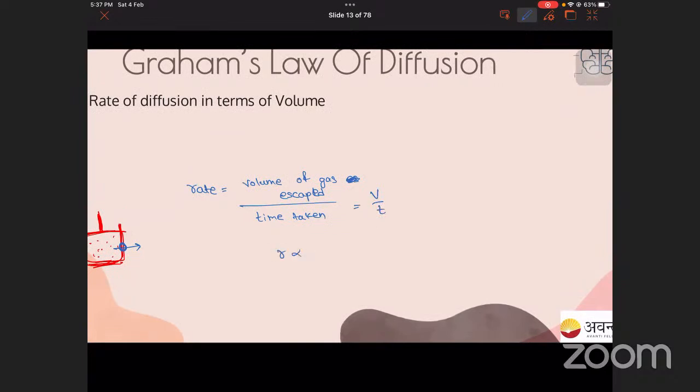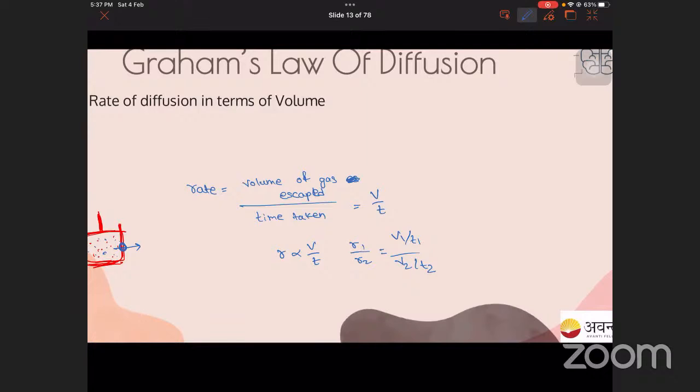Rate is proportional to V by T. If you write in the ratio, R1 by R2 is V1 by T1 by V2 by T2. Let's say we have two gases in the same container itself, one is blue gas, one is red gas. Then what we need to see is, as we keep the hole open for the same time, the time is same.